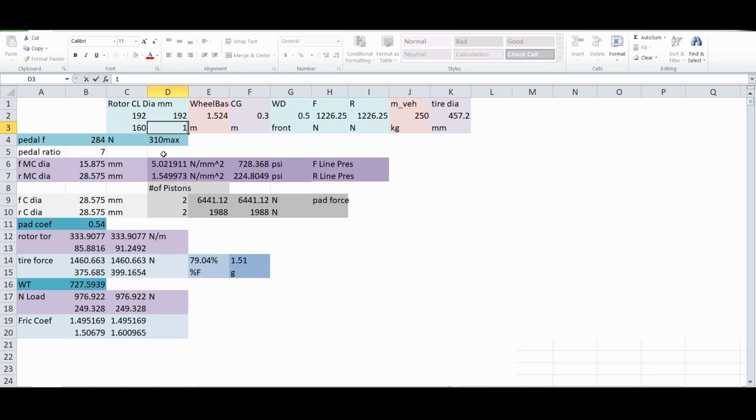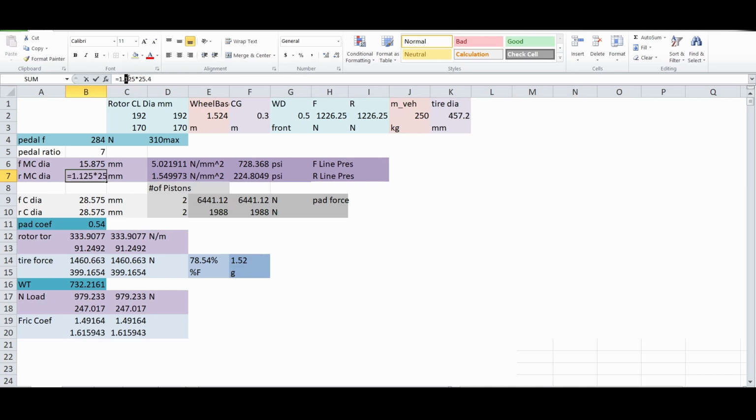So you can adjust your rotor centerline diameter. You can change your front or rear master cylinder, so I'll move this back as an example. So we're saying 1.6 for the coefficient of friction, which we know is too high. The tires couldn't handle that.